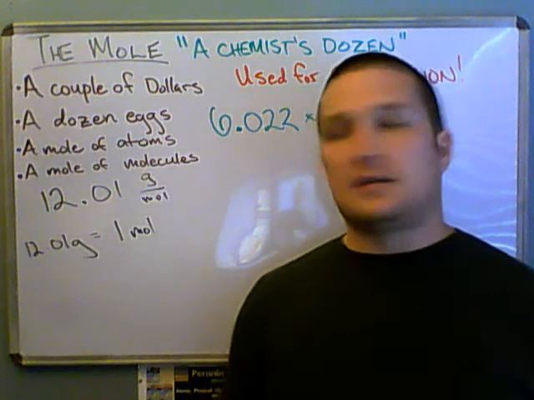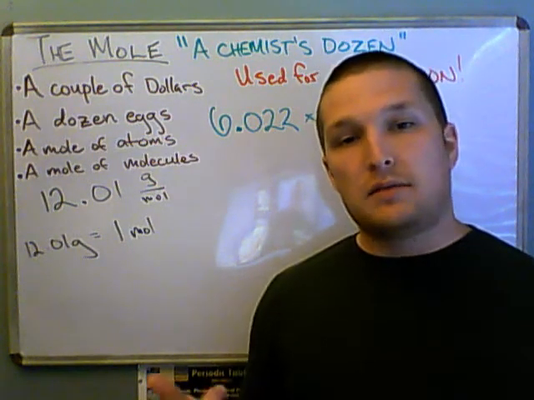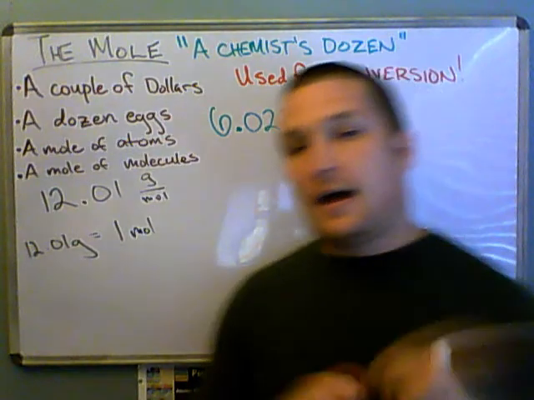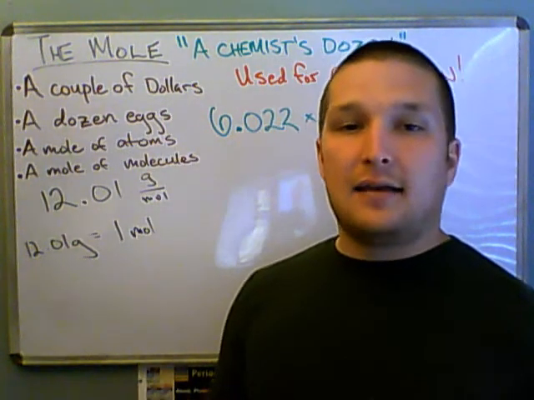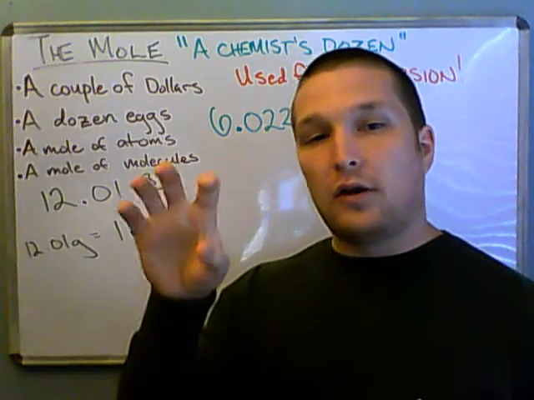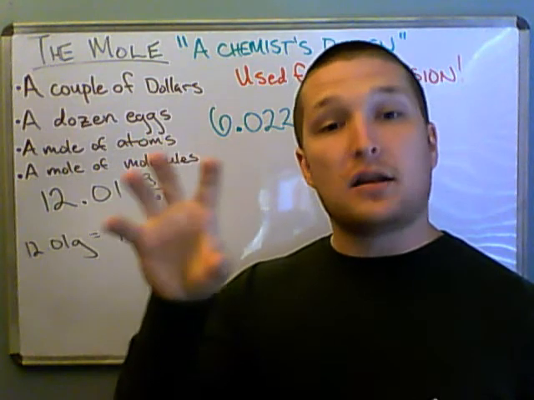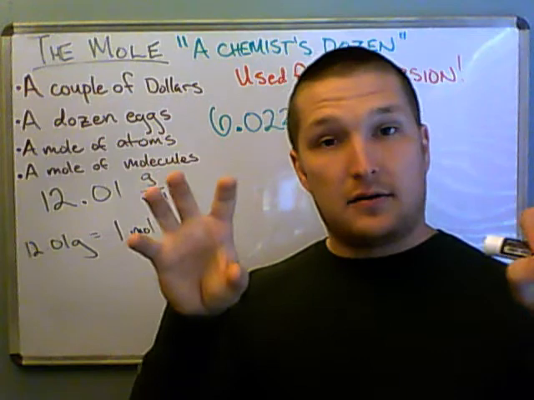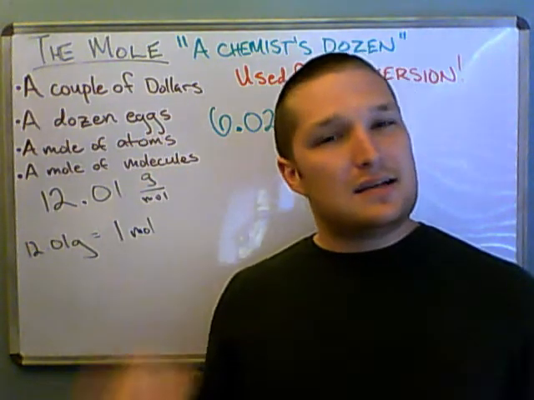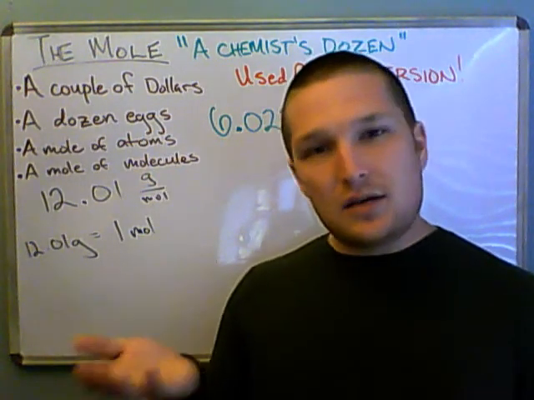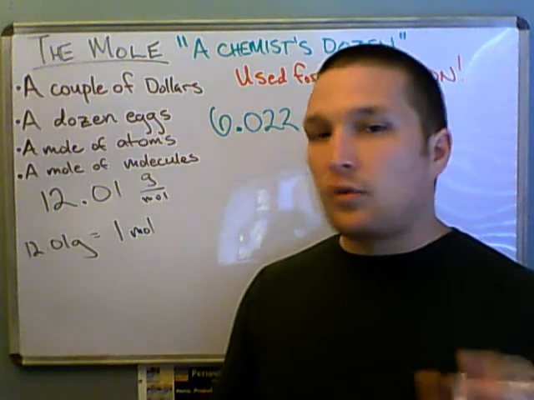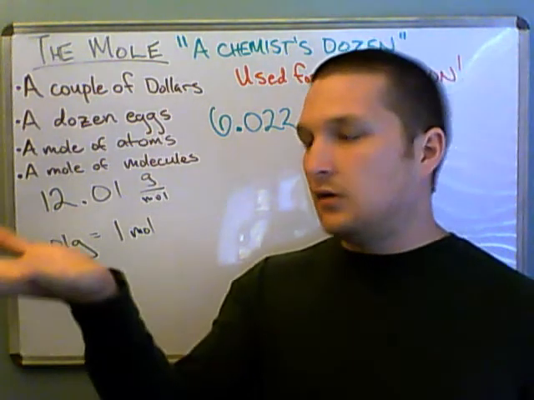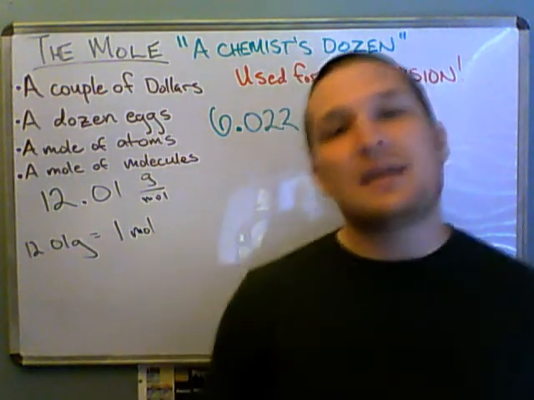So, for instance, I want to make sure that I add an equal amount of water molecules and sodium atoms together. Well, it's weird because sodium weighs a lot more than water. So you can't just say, okay, let's think about lead.